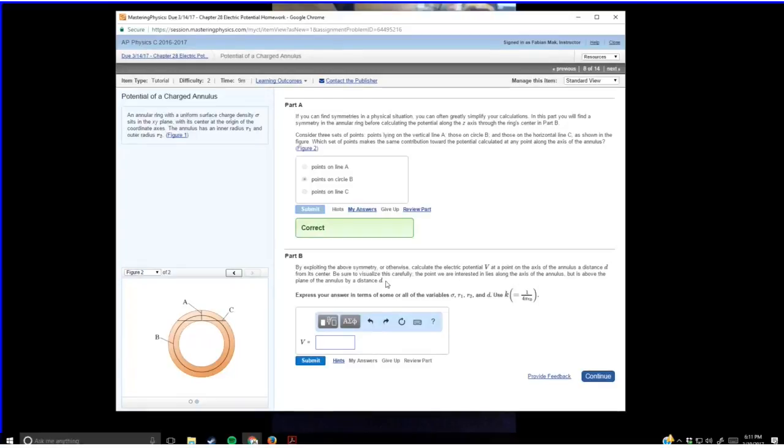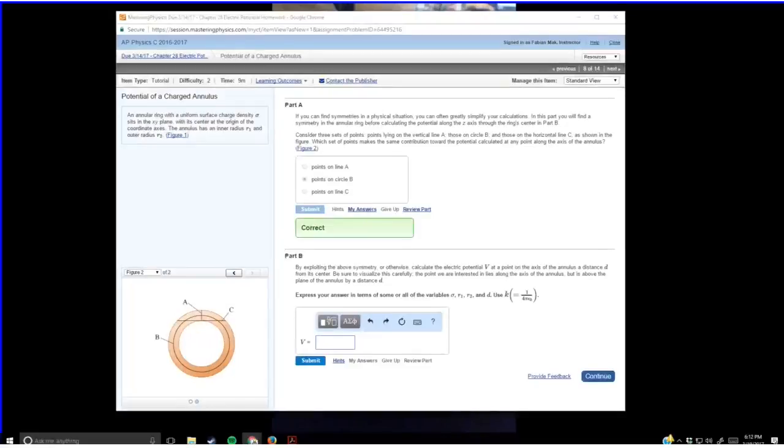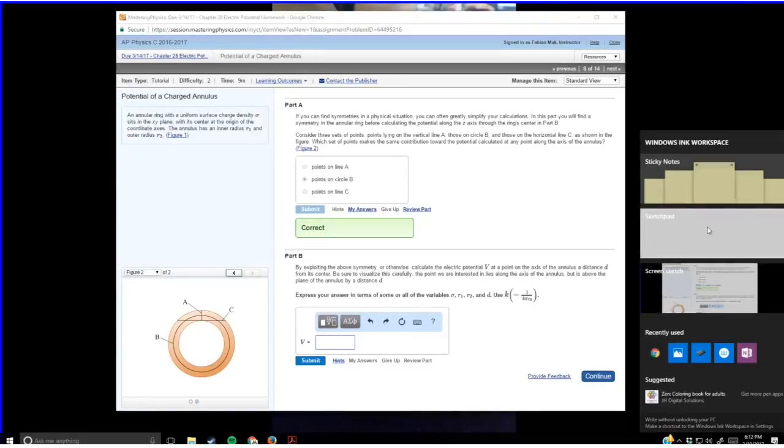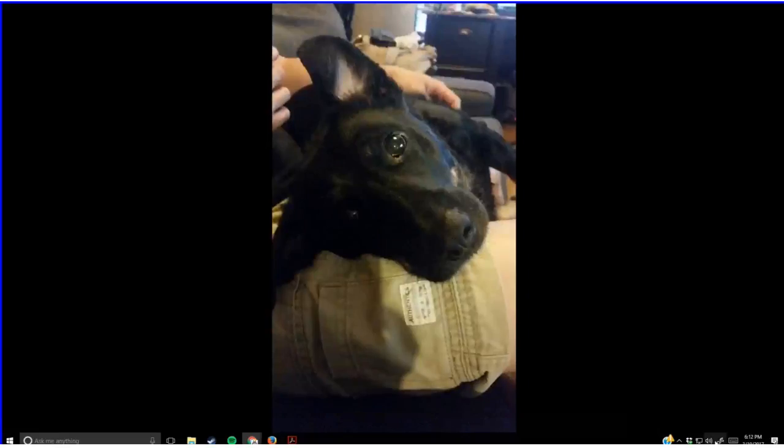This is the hard part that we went through in class. How do you determine the electric potential at that spot? Let's take a look. First, let's do our diagram.